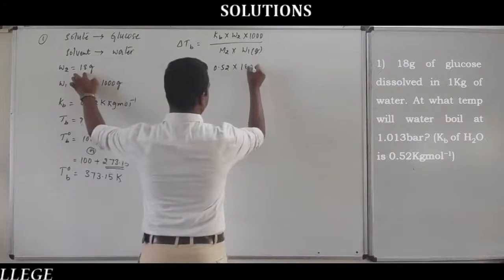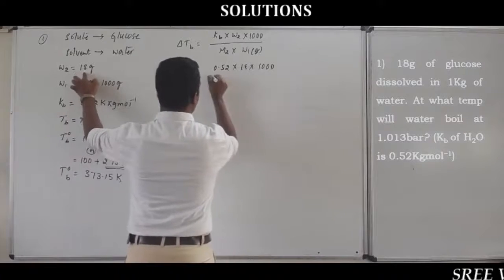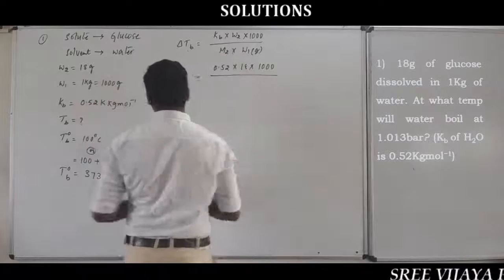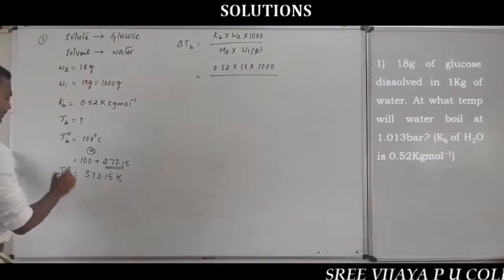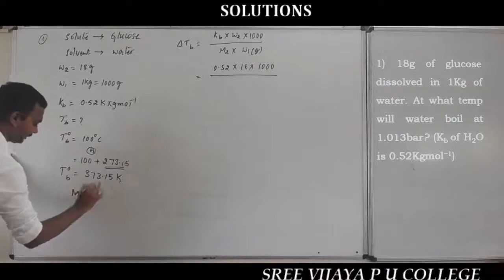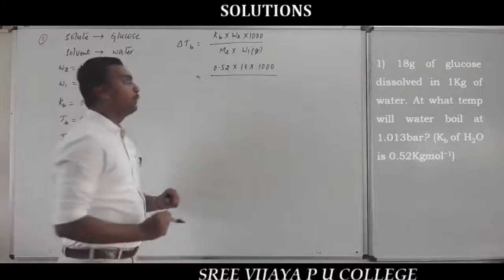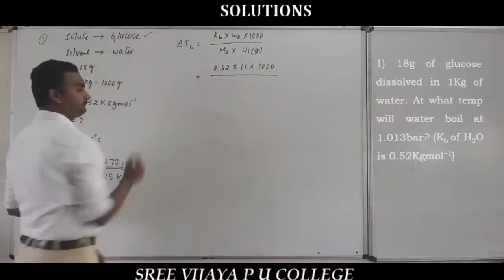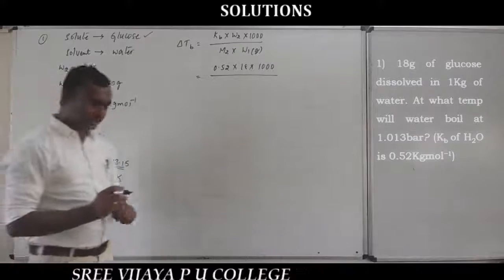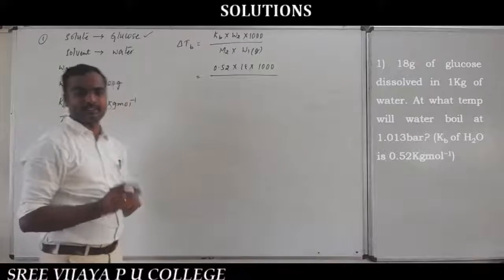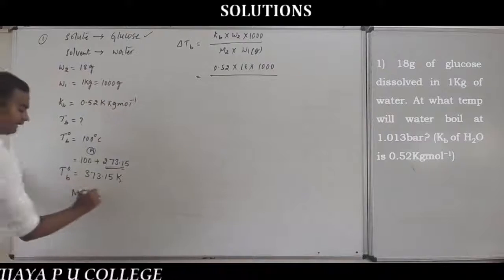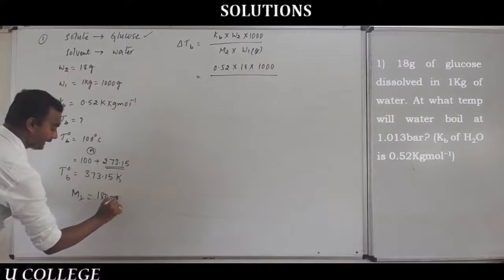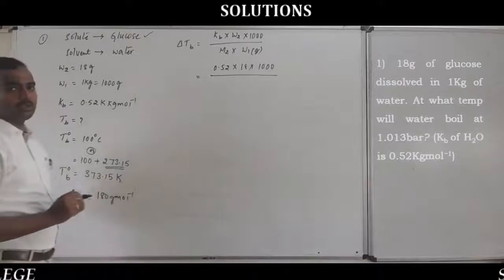That is 18 into 1000, whole divided by M2. So you calculate M2, the molar mass of solute. Which is the solute here? The solute is glucose, with formula C6H12O6. As calculated in the previous formula, the molar mass of glucose is about 180 gram per mole.